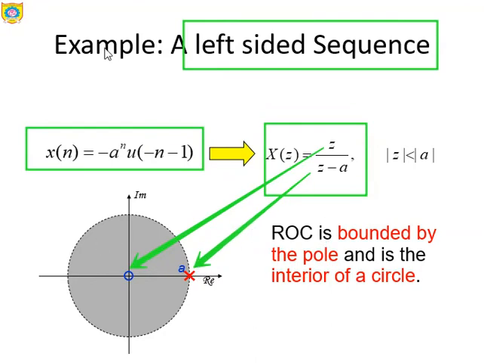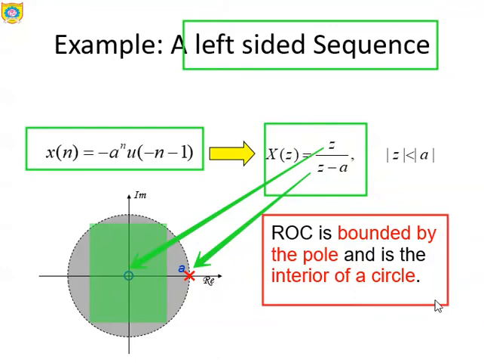The case over here is different because now the ROC includes the inner part of the circle with radius a. So the conclusion is slightly different: ROC is bounded by the pole and is the interior of a circle. This is important. In the right sided sequence we have seen it is the exterior of a circle, but right now it is the interior of a circle.